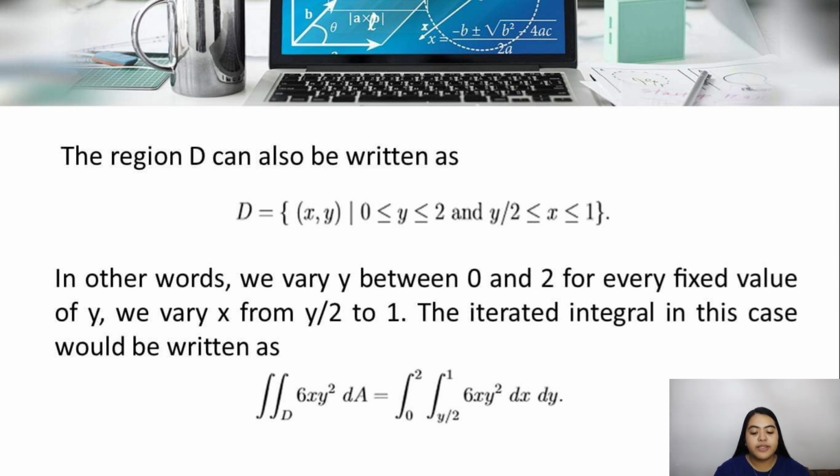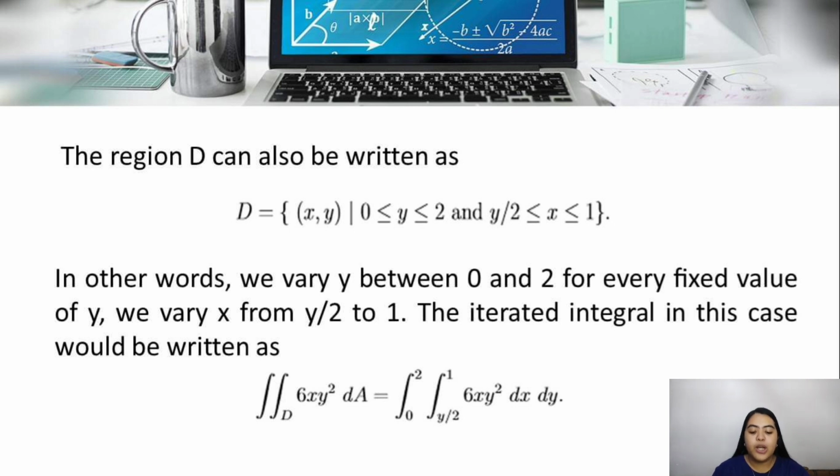In other words, we vary y between 0 and 2, and for every fixed value of y, we vary x from y over 2 to 1. The iterated integral in this case would be written as the double integral over region D of 6xy squared dA equals the integral from 0 to 2 of the integral from y over 2 to 1 of 6xy squared dx dy.